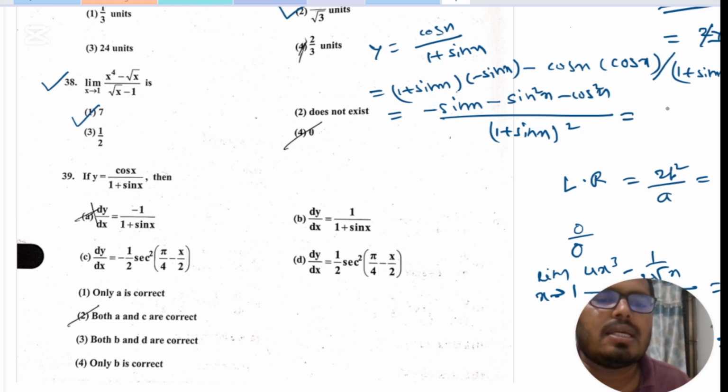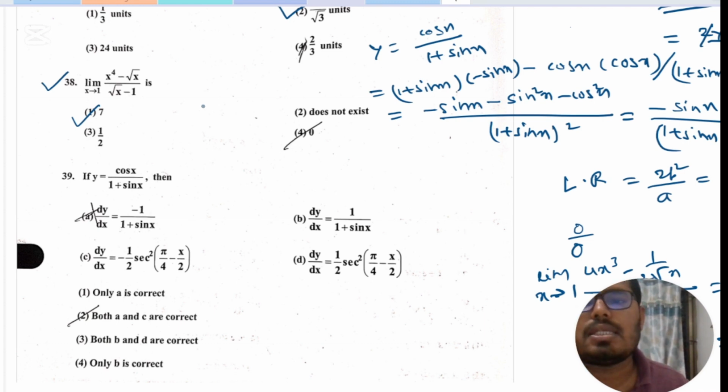Therefore, minus sin x minus 1 divided by (1 plus sin x) whole square. Minus taken common, therefore minus 1 divided by 1 plus sin x is the derivative. Therefore, option 1 is minus 1 by 1 plus sin x.